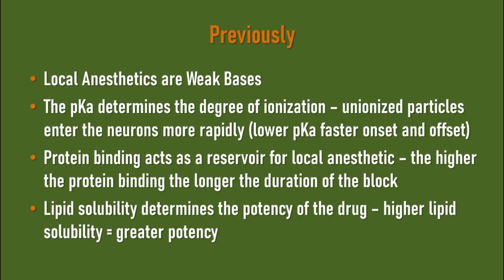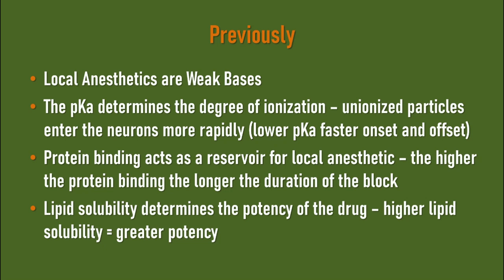If you have survived the previous tutorial, and perhaps you had to watch it a couple of times, congratulations, this one will be easier. In the previous tutorial, we looked at the basic pharmacology of local anesthetics, and I explained that they are weak bases. They are partially ionized at physiologic pH. The pKa determines the degree of ionization, and unionized particles enter the neurons more rapidly.